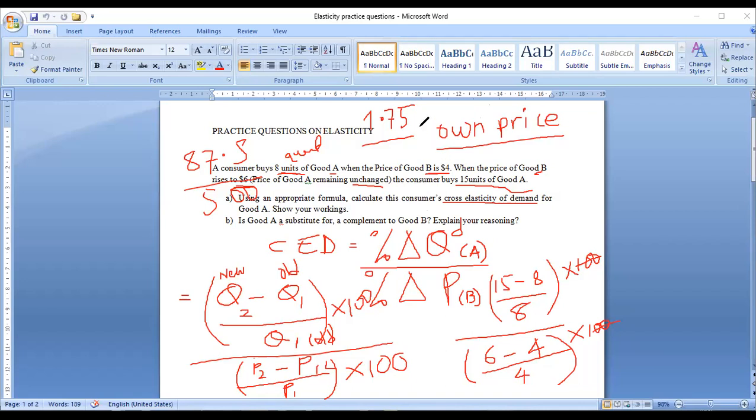What did we say in our previous class? We saw that if the answer is positive, it means what? What does it mean if your final answer is a positive value?